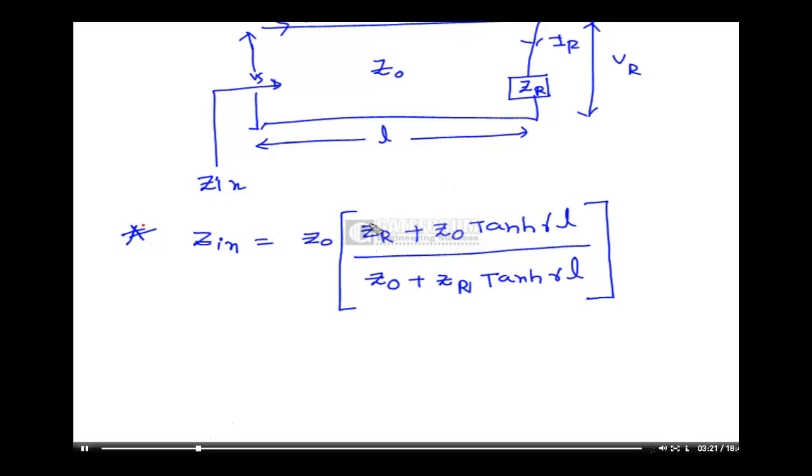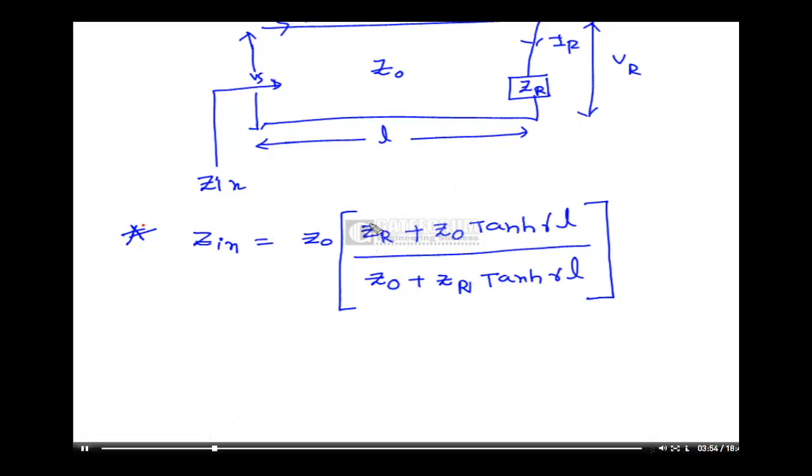For any general transmission line of length L, the input impedance is Zin is equal to Z0 into (ZR plus Z0 tanh gamma L) by (Z0 plus ZR tanh gamma L). Here Z0 is the characteristic impedance, ZR is the load impedance, gamma is the propagation constant, and L is the length of the line.